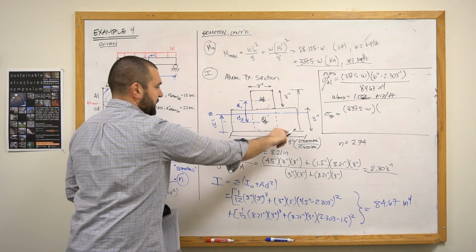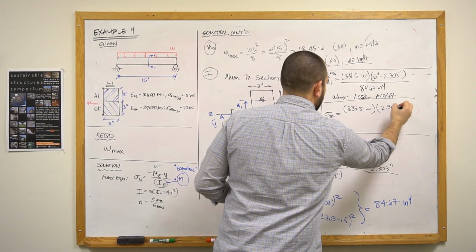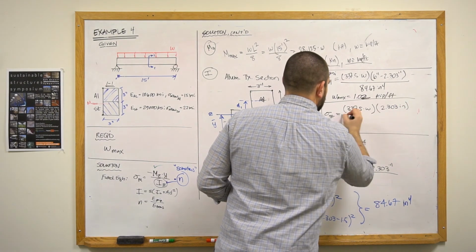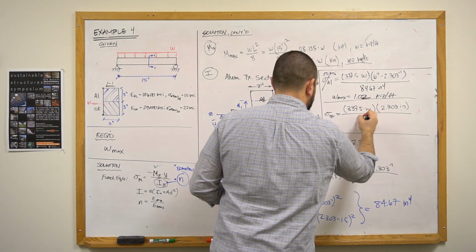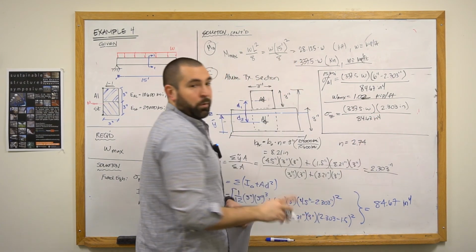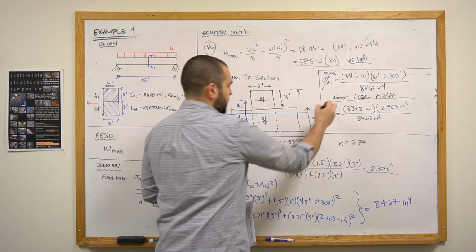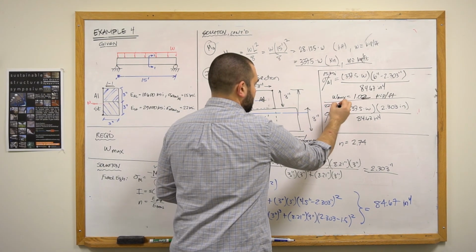From the neutral axis down to the bottom of the cross section is 2.303 inches, and the moment of inertia is the same, 84.67 inches to the fourth. So again, we're trying to calculate W. I know the allowable limit of the steel is 22 KSI.